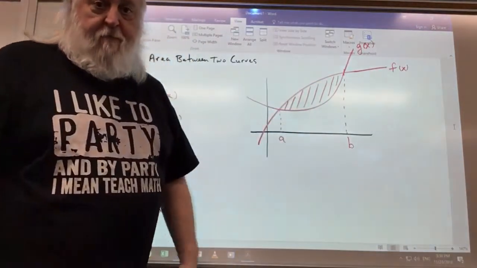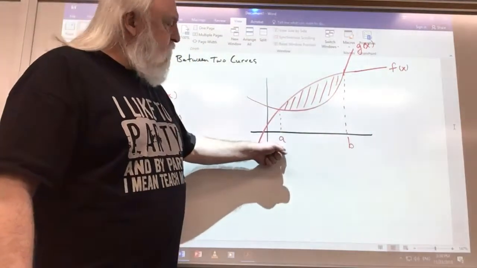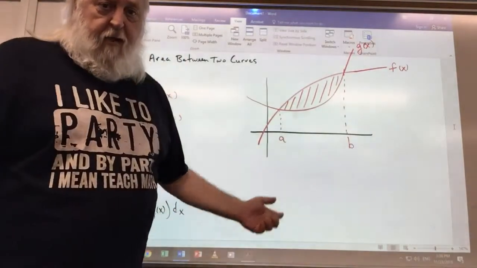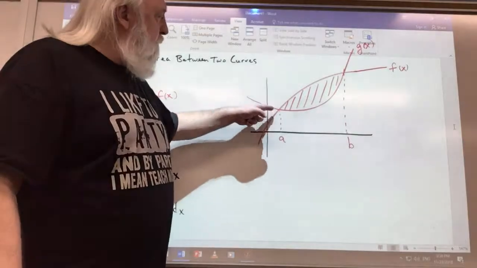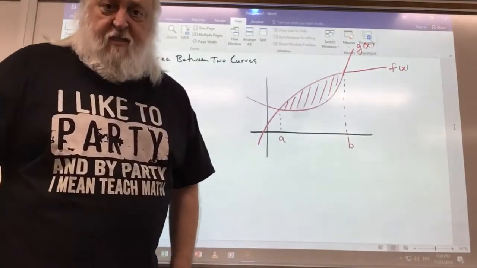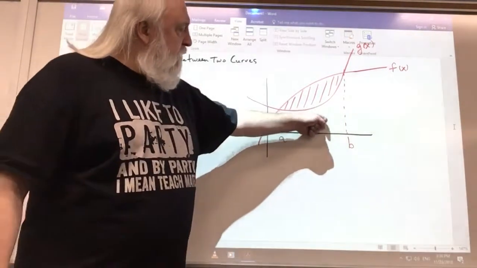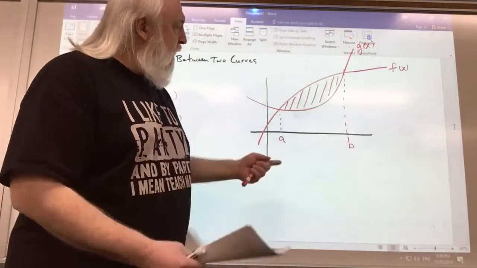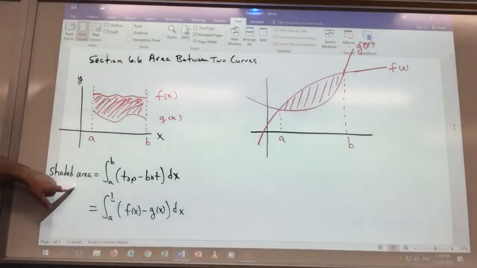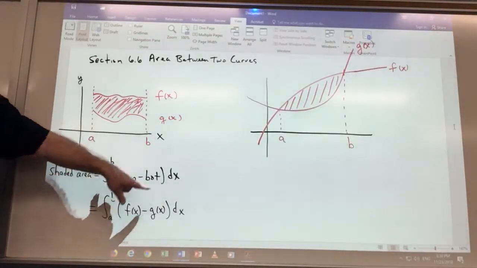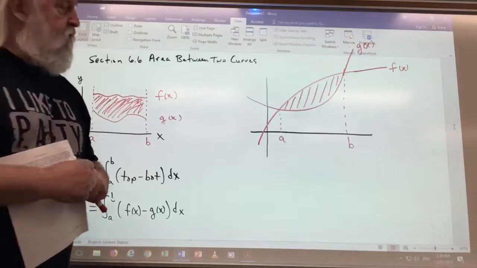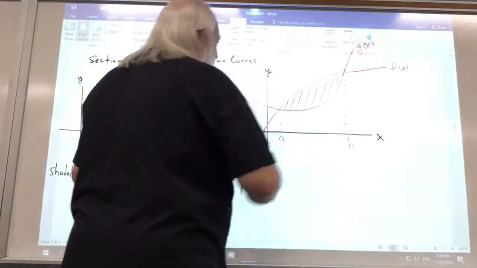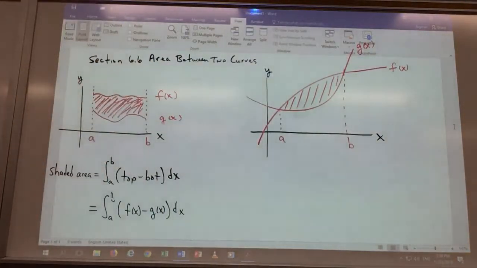In this case, you won't be given x equals a and x equals b. We'll have to calculate what a and b are by determining where the two functions intersect. And once we know for what values of x the two functions intersect, we can then use our definite integral to find the area between the two functions. Just remember, this is the x-axis and this is the y-axis in the coordinate plane.